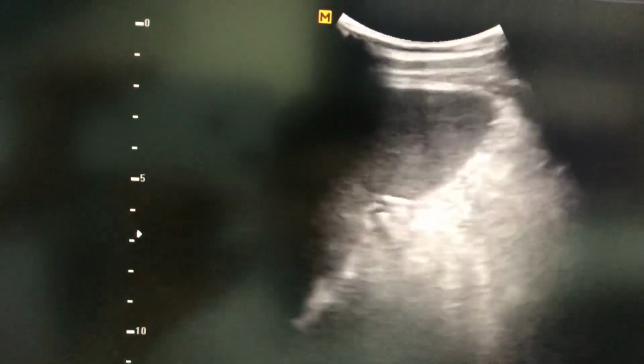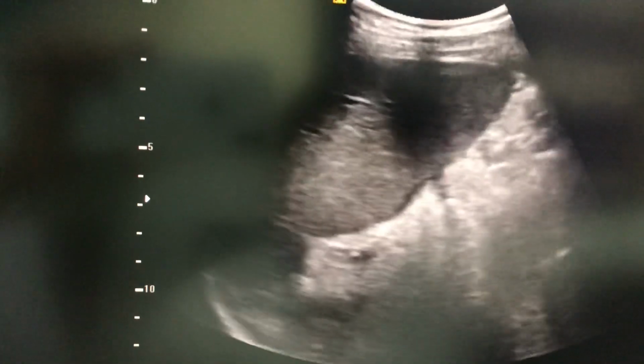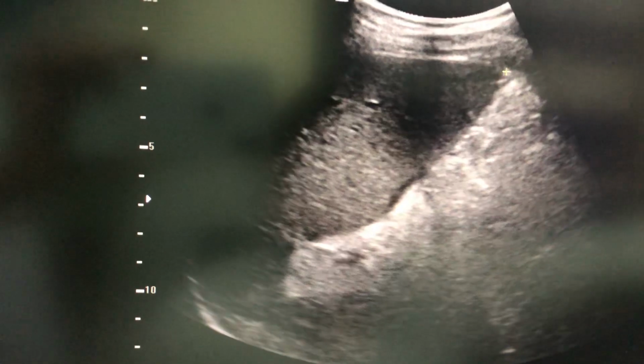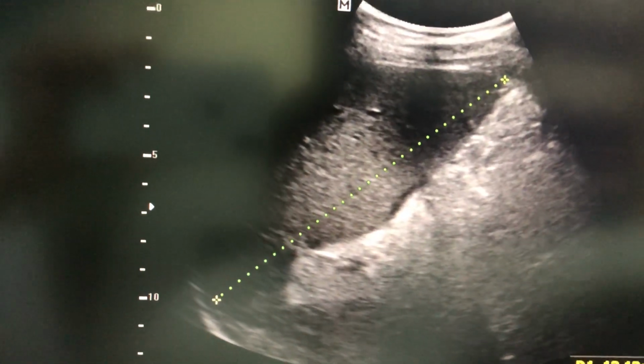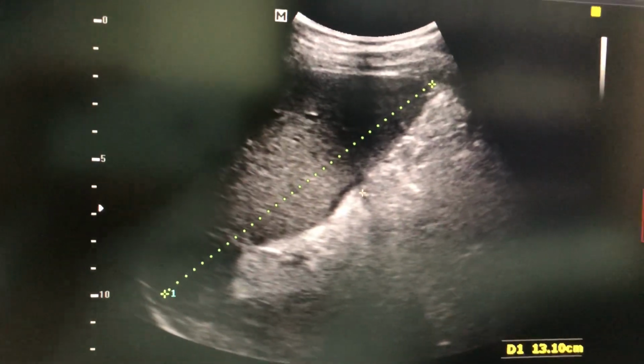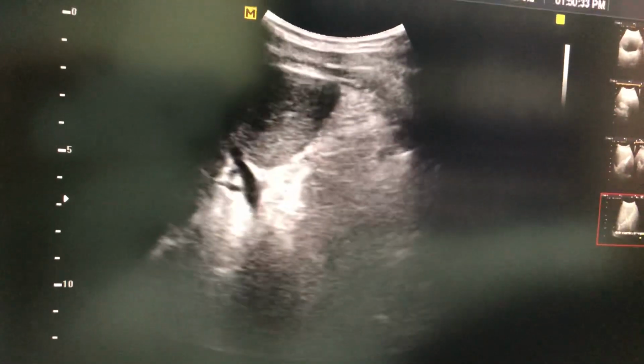Spleen is marginally enlarged. Very early changes of splenomegaly. In long axis, around 13 centimeters. This splenic vein is patent.